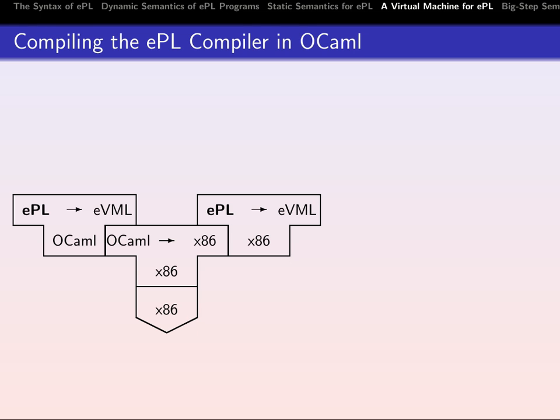Scratch what I said previously, right? So this is a compiler from EPL to EVML, right? So the problem is I cannot execute. I wasn't completely wrong, sorry. The problem is that I can't execute that, right?